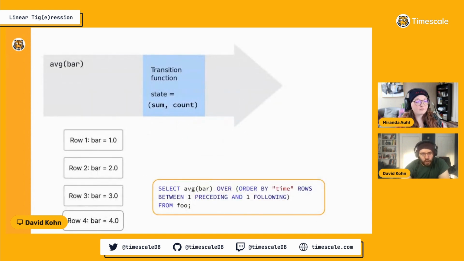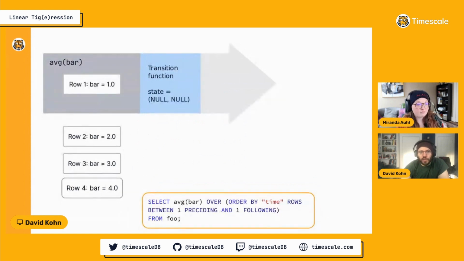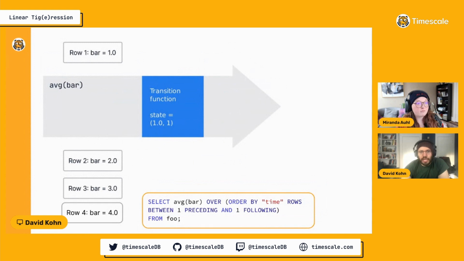So what does that look like internally? Let's start off with our aggregate things. You see we've changed our query here. We're going to order by time, with a rows clause between one preceding and one following. As we go through, our transition state starts getting updated. Last time, when we were doing cumulative, we output immediately after the first row.